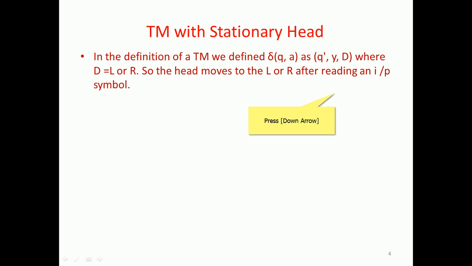Some books refer to the direction as left, right. So here the direction is L or R. The head moves towards the left or right after reading an input symbol, and in this case the input symbol is a.